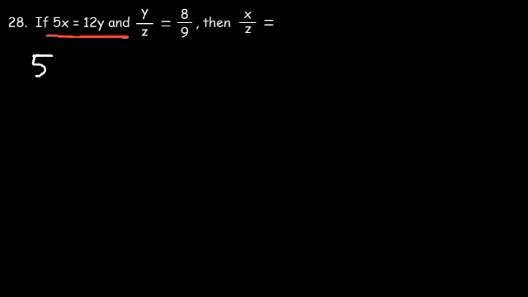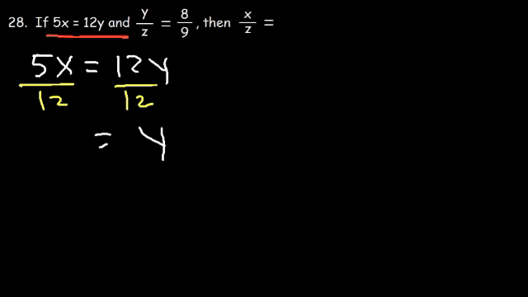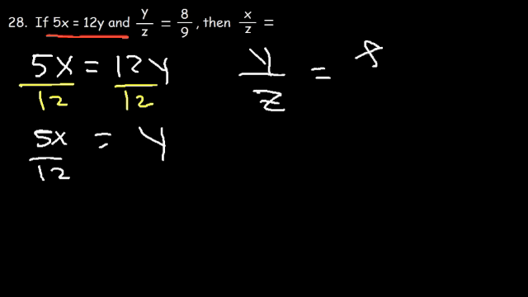So if 5x is equal to 12y, if we divide both sides by 12, we're going to get an equation that states that y is equal to 5x divided by 12. Now, in the second equation, y divided by z is equal to 8 over 9. We can replace y with 5x over 12.